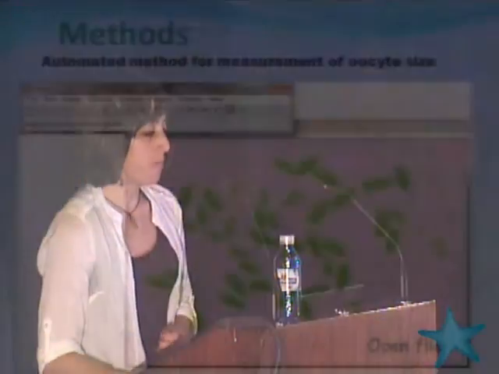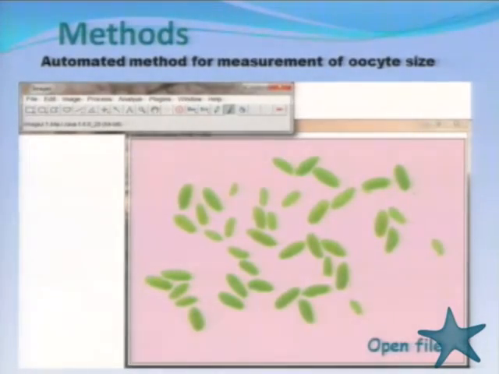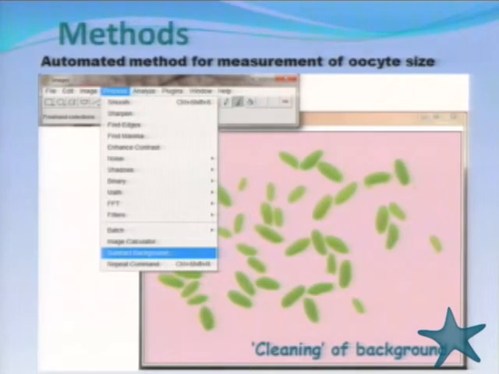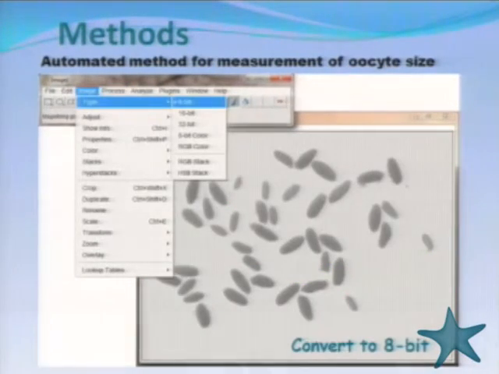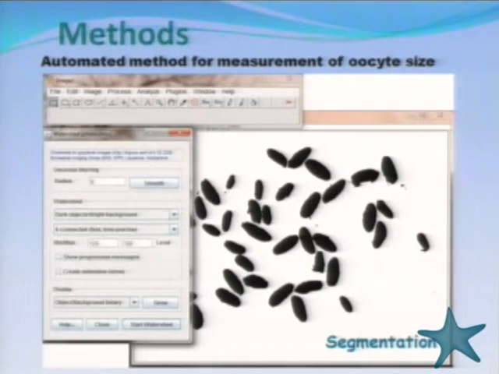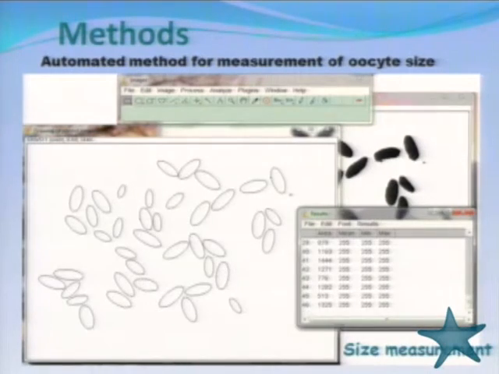The method was opening the file with ImageJ, cleaning the background using the command subtract background, and converting again the image to an 8-bit image of black and white. In order to segment the oocytes, we used the plugin of watershed segmentation, adjusting the radius from 8 to 12, and also the watershed from 120 to 180, in order to be able to separate the oocytes. And then, of course, we had again data of oocyte sizes.